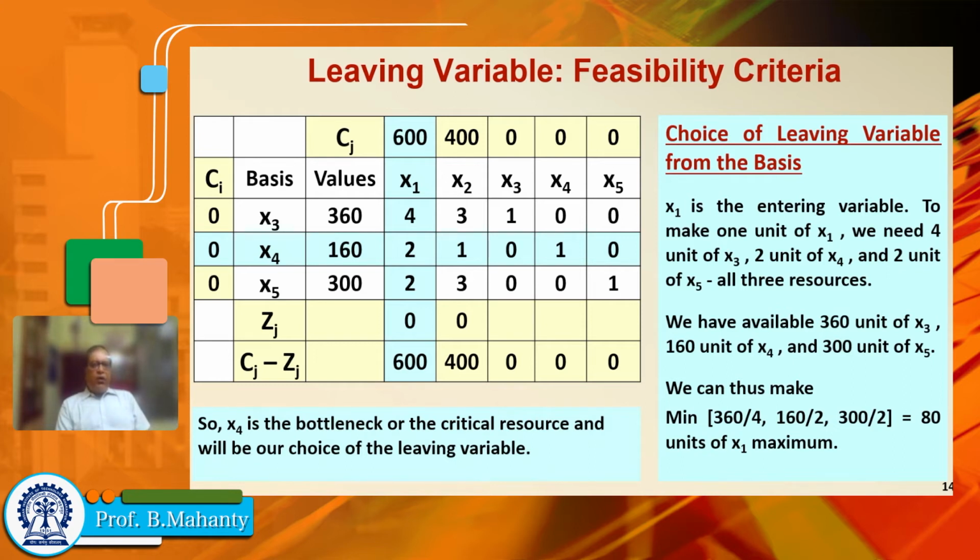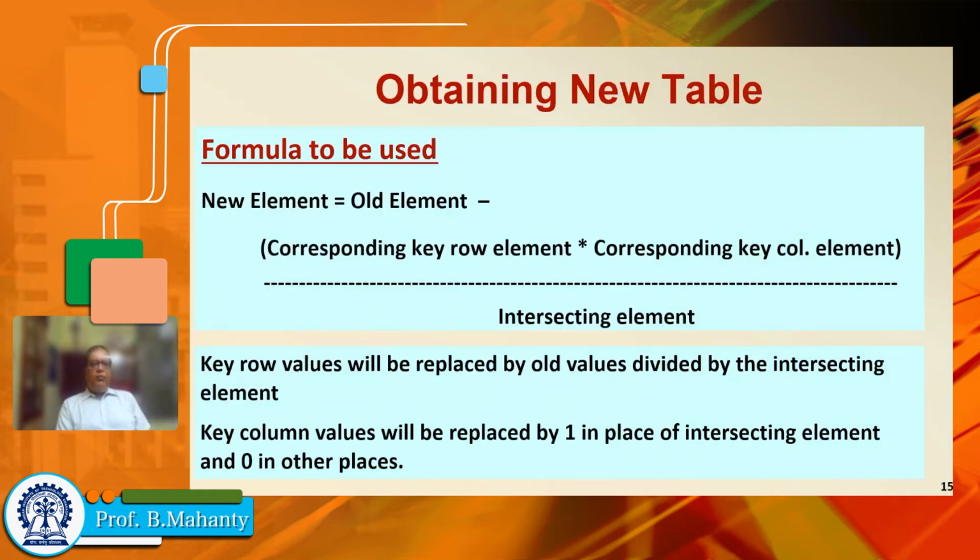So what we get from all these, put in a nutshell, is that when you want to obtain the new table, first of all, the key row values will be replaced by the old values divided by the intersecting element. The key column values will be replaced by 1 in place of the intersecting element and 0 in other places.